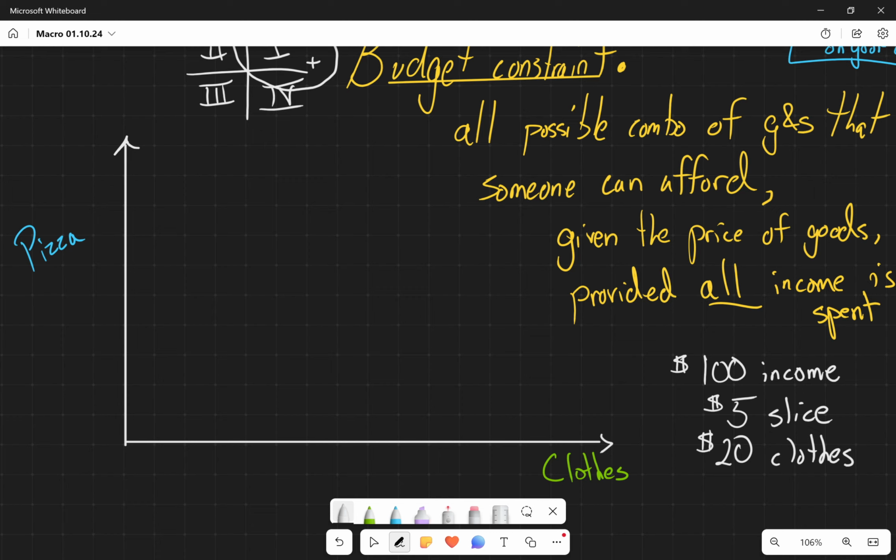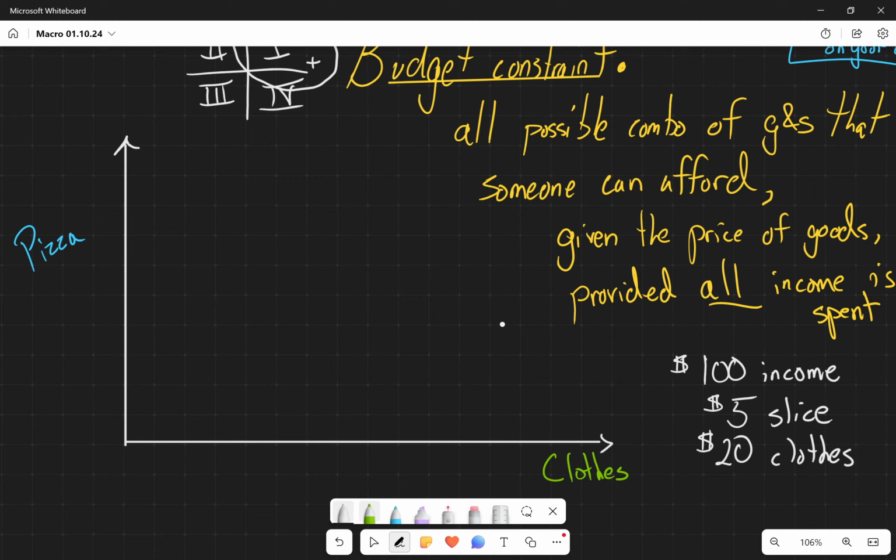So now I want to model, not just talk, I want to show, right? Economics is a diagrammatic representation of reality. So I want to show on a diagram the decision that I have when I have $100 and I'm just buying pizza and clothes.